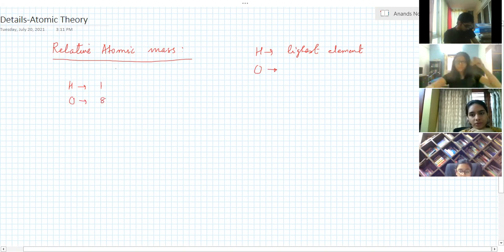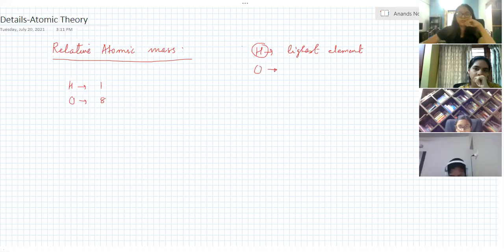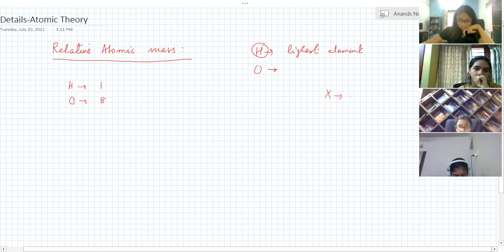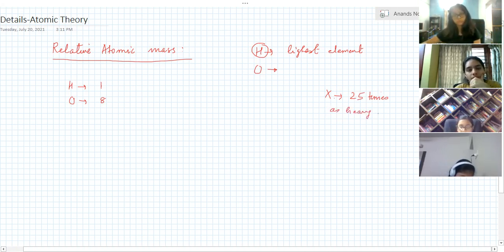So in the early days, the earliest standard for comparing the mass of atoms was hydrogen. Give hydrogen 1, and for every other element, give the number of times it is heavier than hydrogen. If an element X was 25 times as heavy as hydrogen, it would have an atomic mass of 25.